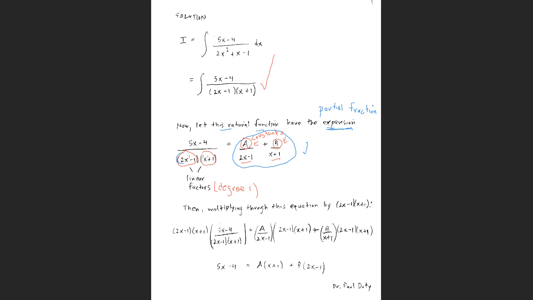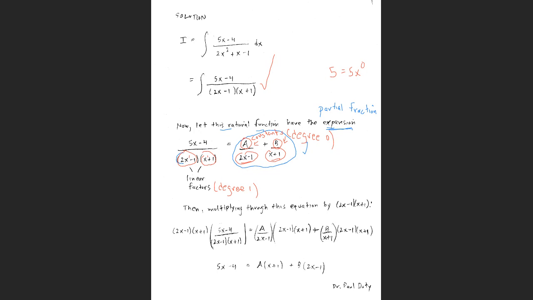So what happens is, because you have linear factors here, 2x minus 1 and x plus 1, those are both of degree 1. Well, the constants that I put above have degree 0, right? The constant is a polynomial of degree 0. Because if you have the number 5, well, 5 is like 5 times x to the 0th power.